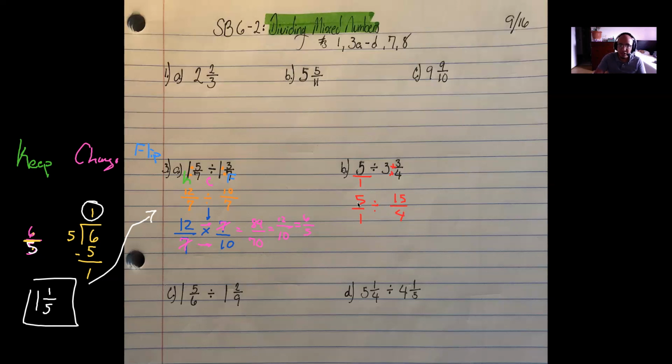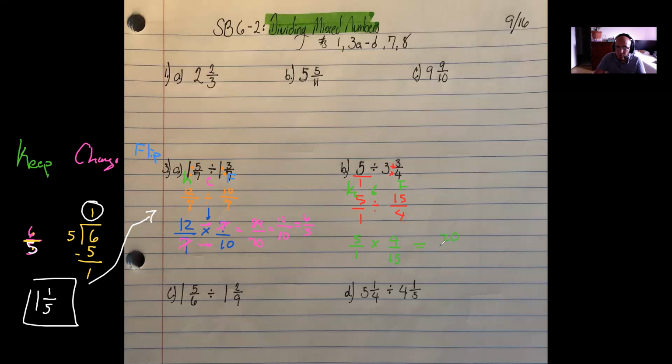Let's apply the acronym keep, change, flip, KCF, KCF. So we're going to keep the 5 over 1, change the division to multiplication, and then flip the second fraction to 4/15. You can just go ahead and multiply these together.